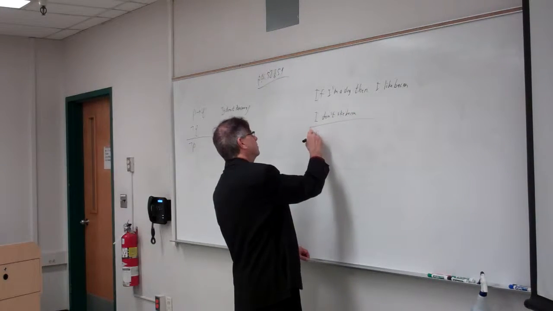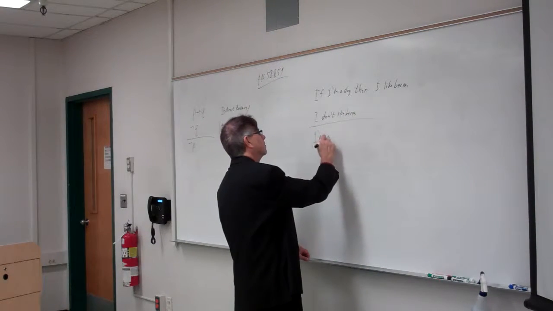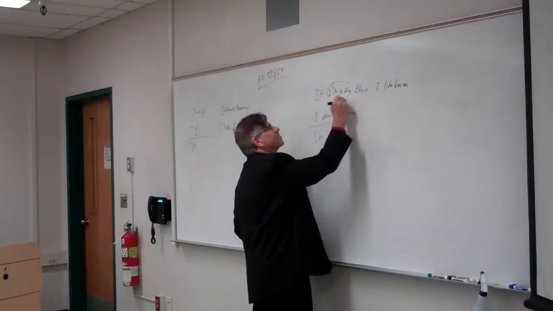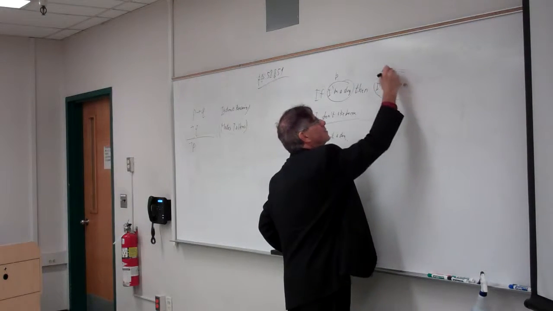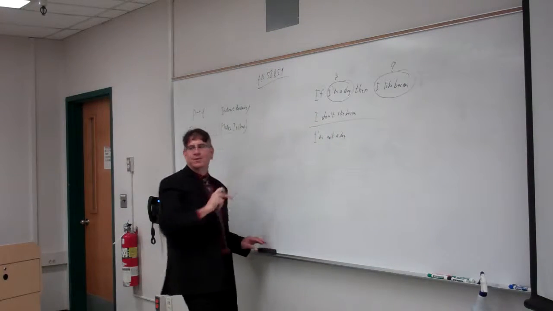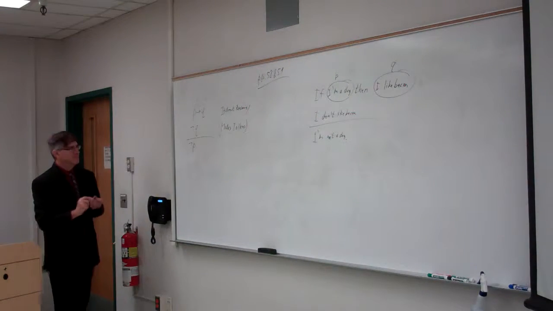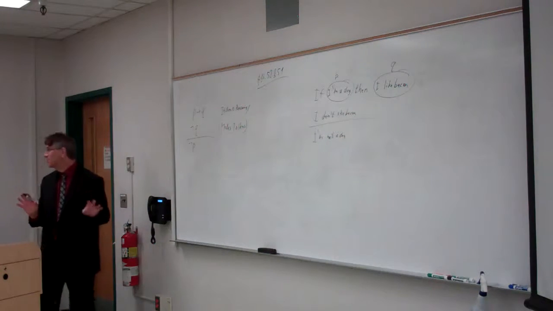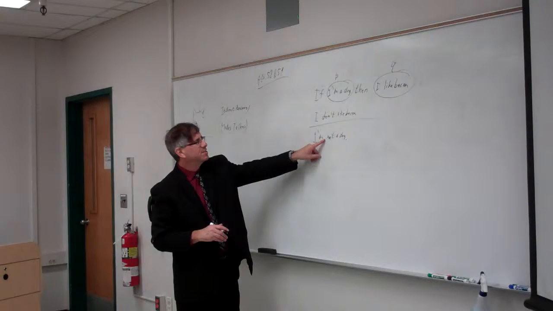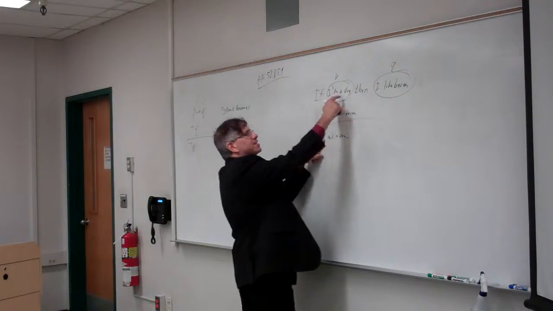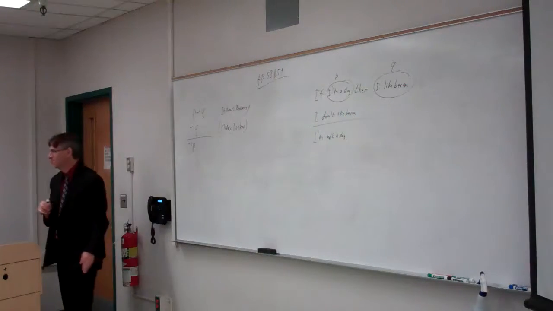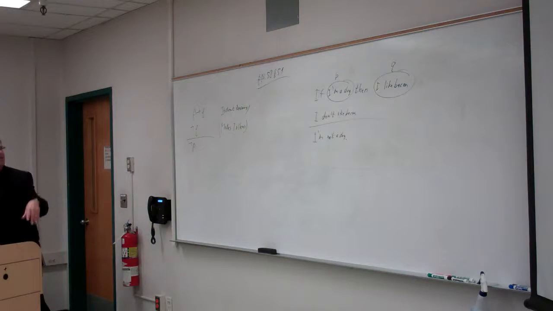Therefore, I'm not a dog. So this is P, this is Q. If P, then Q, not Q, therefore not P. And that's always going to be true. Because if this were not the case, if I were a dog, this says I must Q, and this is saying I don't Q. So this is always logically correct.